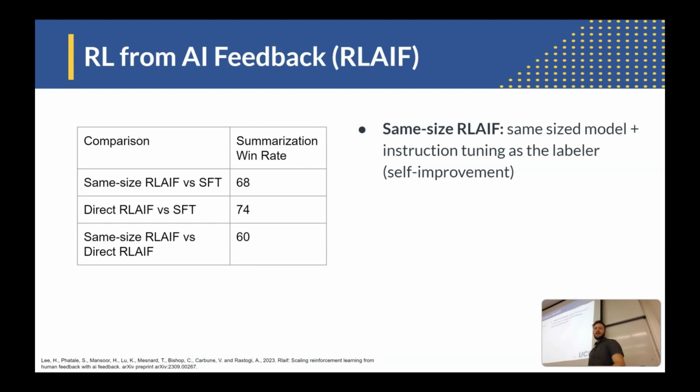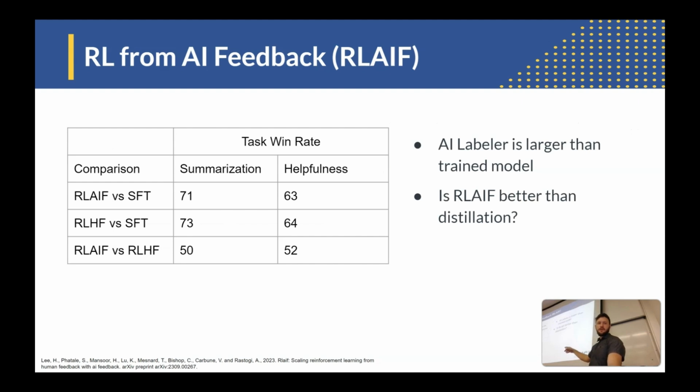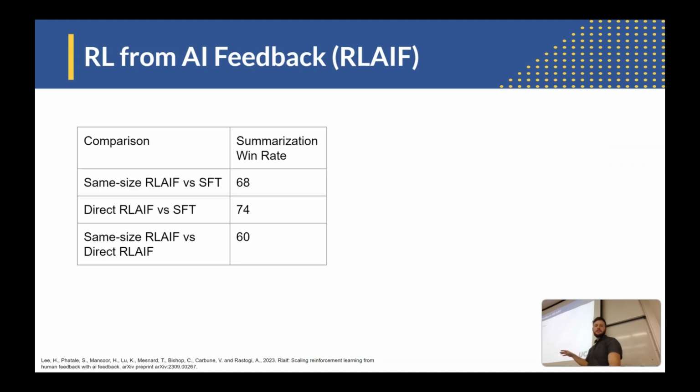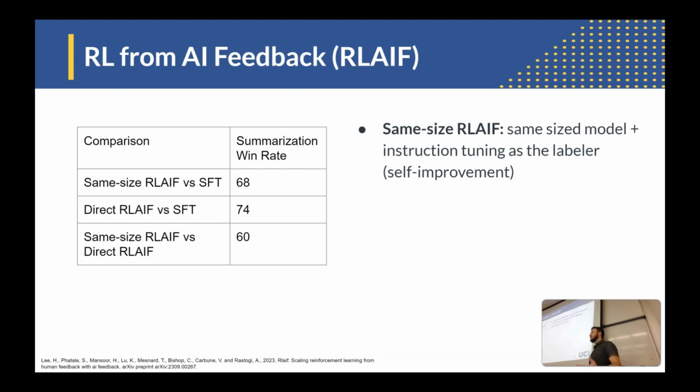Compared to using the larger model, where RLAIF is winning on summarization about 71% of the time, here it's winning about 68% of the time, so still pretty good, just using the same model you're training. This is asking whether language models are better discriminators. Maybe showing the 2 potential outputs in your input is an easier task than just doing the generation. So there's this potential to use language models to self-improve.